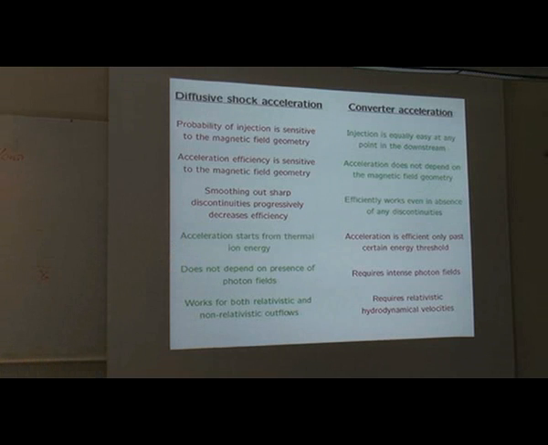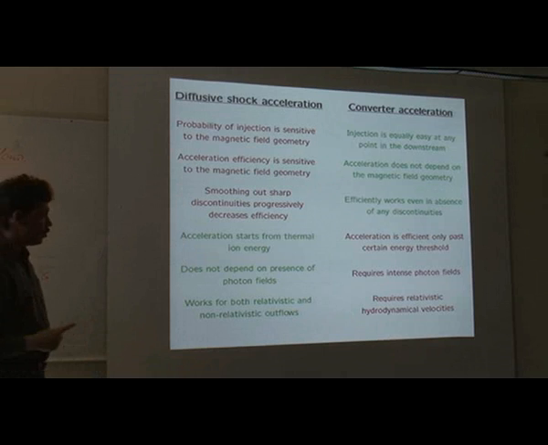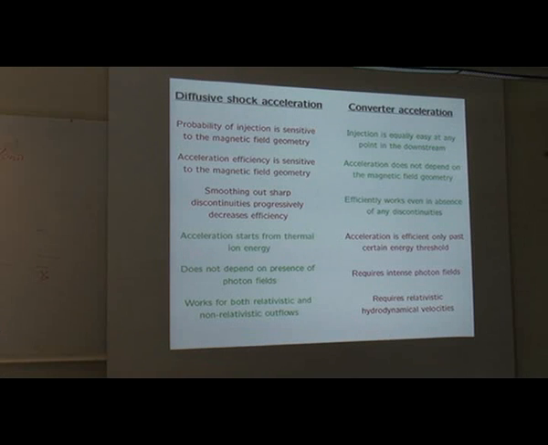What works against the diffusive shock acceleration mechanism is clear. The probability of injection of particles in the upstream is dependent on the magnetic field geometry, and in principle it can be very low. It makes the efficiency of the whole process for relativistic shocks very low.